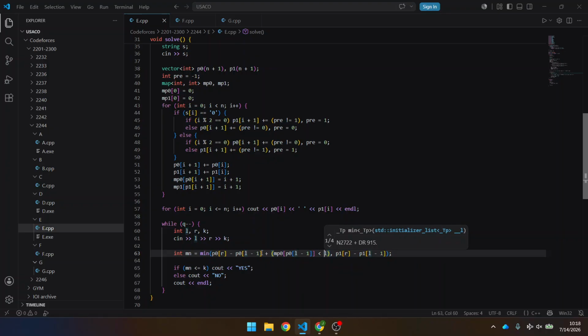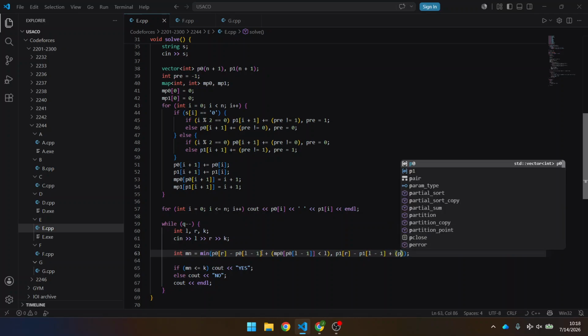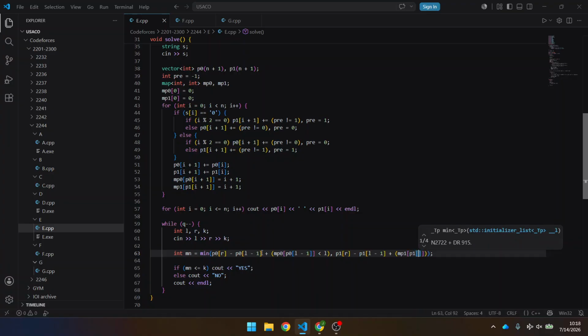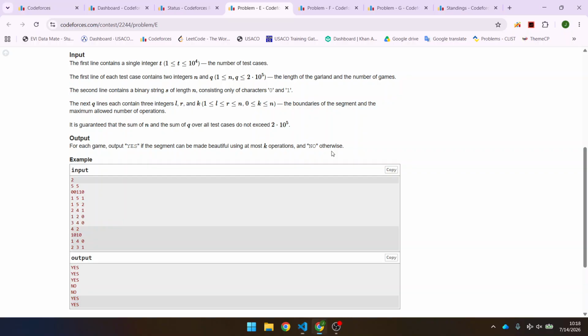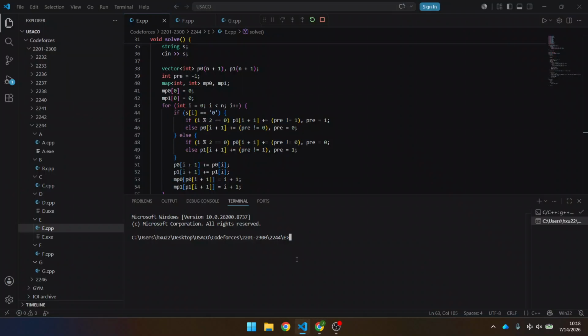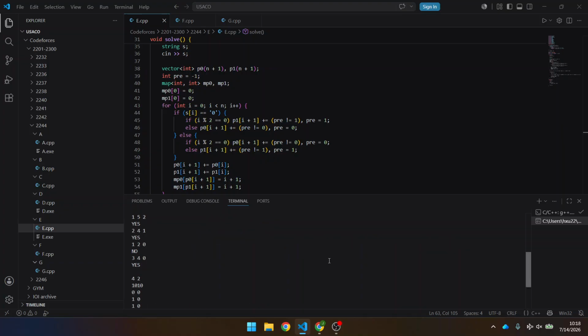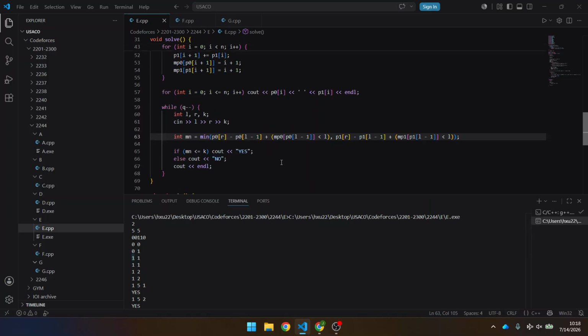Yeah, right, if this is less than l, then, okay, plus mp1, p1 l minus 1 is less than l. So yes. 3, 4, so 0, 1, 2, minus 1.